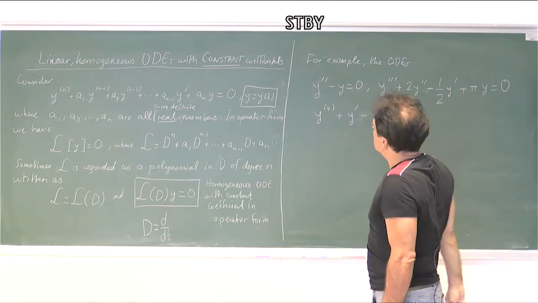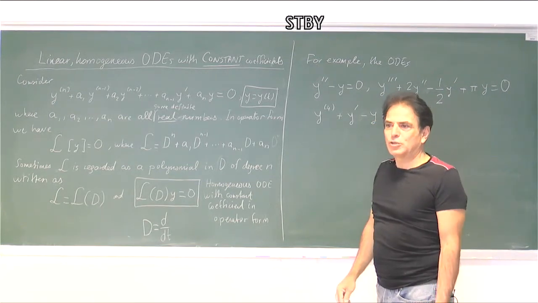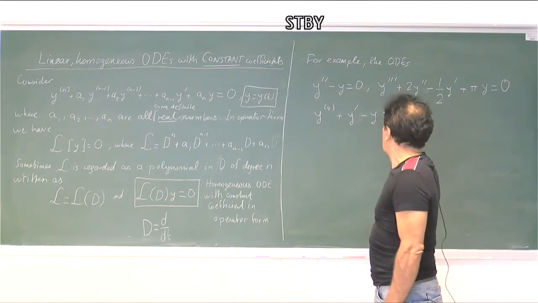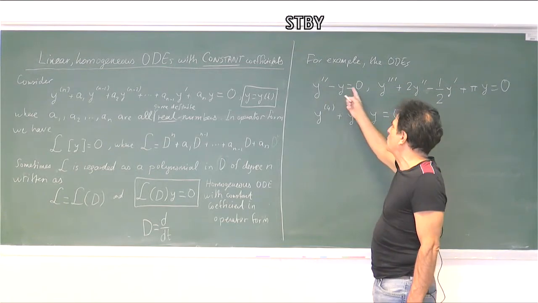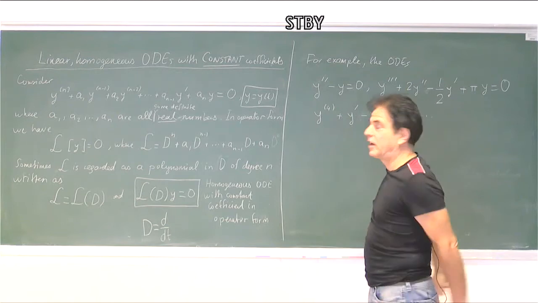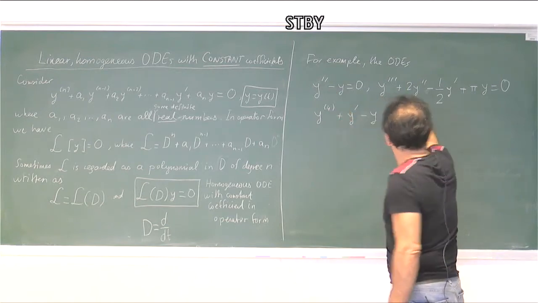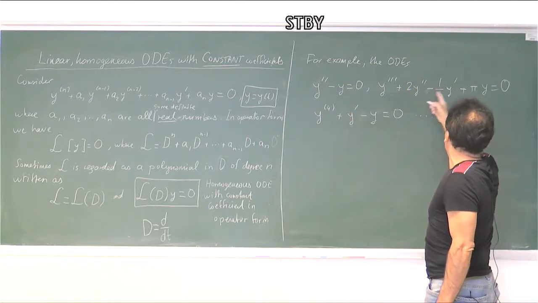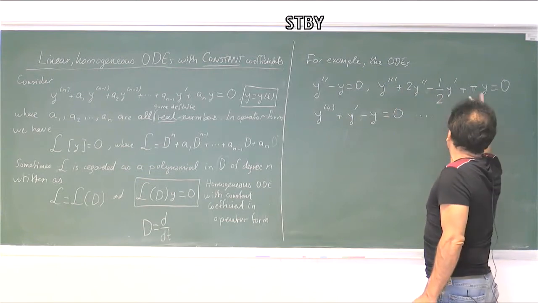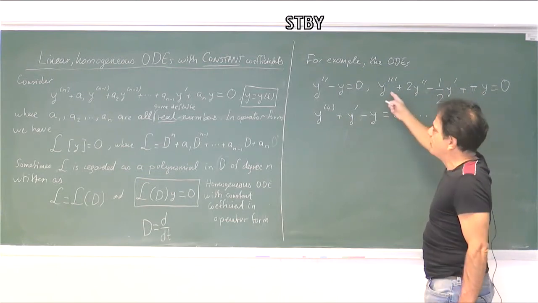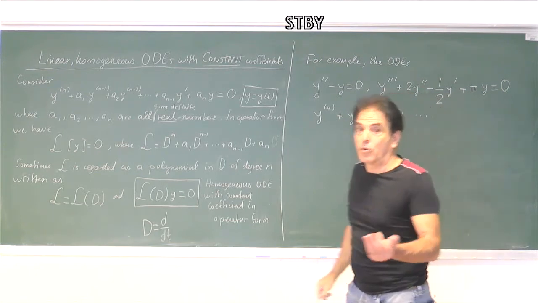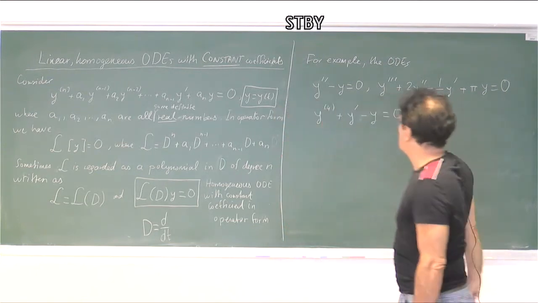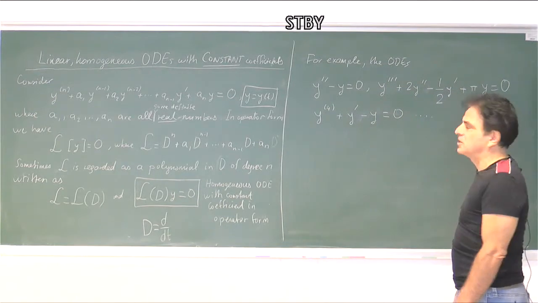These are all homogeneous linear equations with constant coefficients. The first one is a second order ODE, the second one is a third order ODE, and the last one is a fourth order homogeneous ODE with constant coefficients.